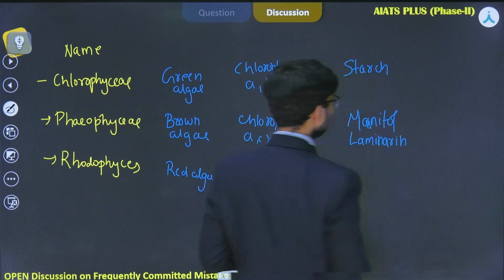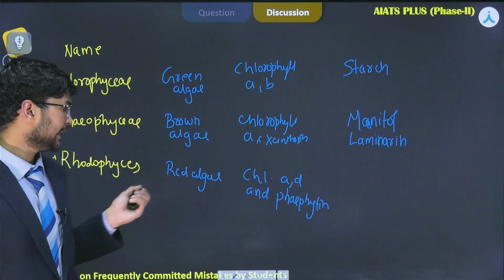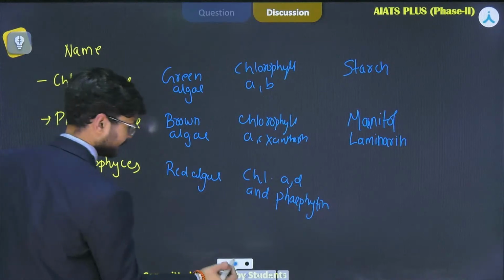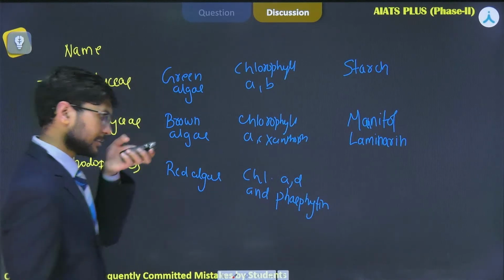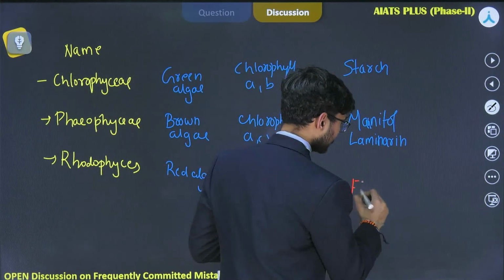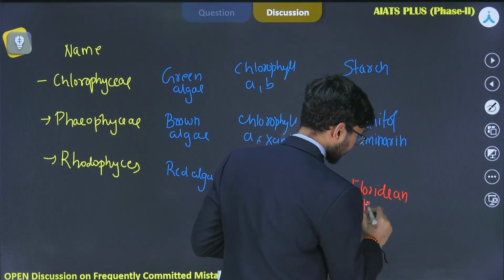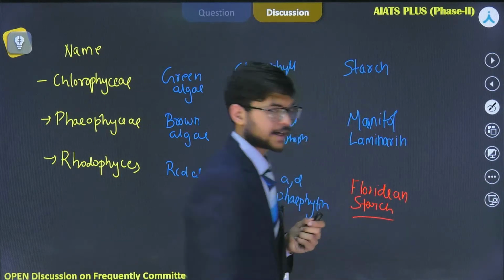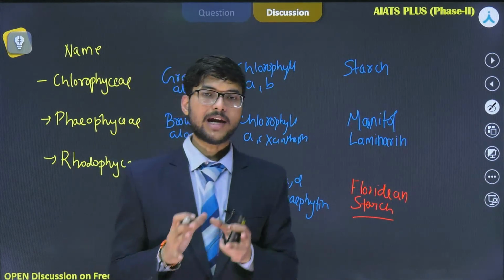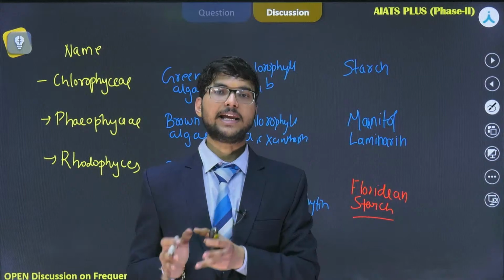Okay, mannitol and laminarin. While in case of Rhodophyceae, they store Floridean starch. Now Floridean starch structure is quite similar to amylopectin and glycogen.